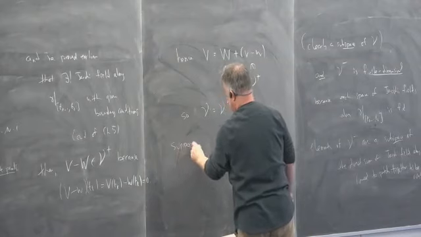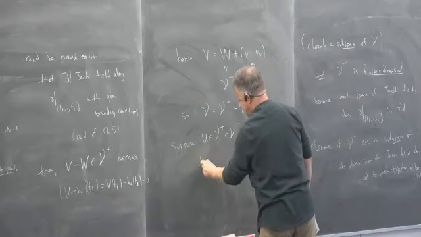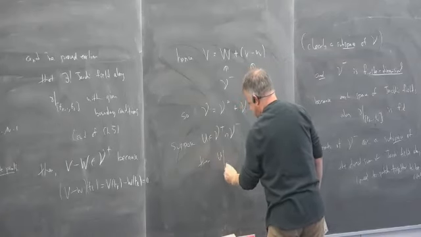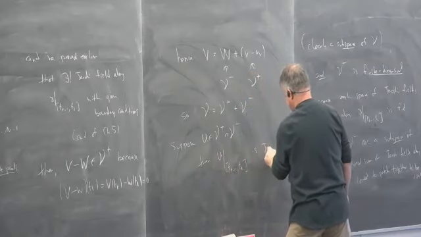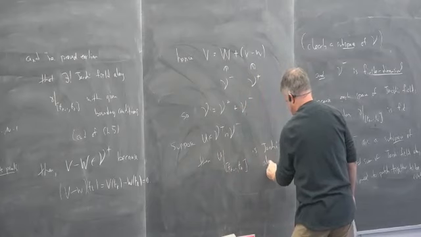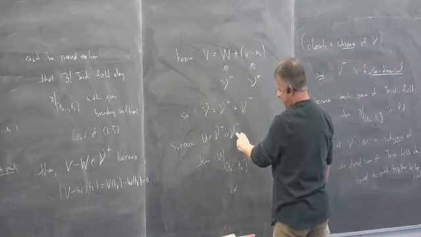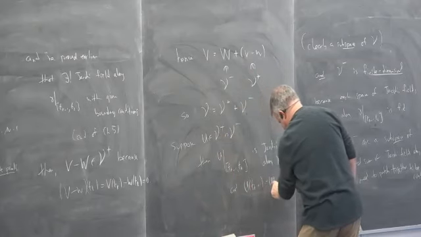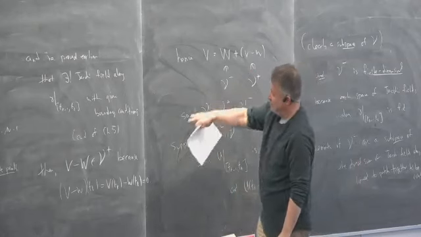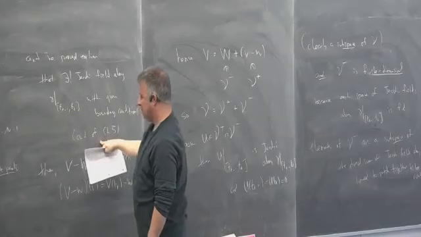Suppose U is in the intersection. Then U restricted to [t_{k-1}, t_k] is Jacobi along gamma restricted to [t_{k-1}, t_k]. And that's because it's in V minus, and it's in V plus. That means U(t_{k-1}) equals U(t_k) equals 0. But by this remark here, there exists a unique Jacobi field given boundary conditions.